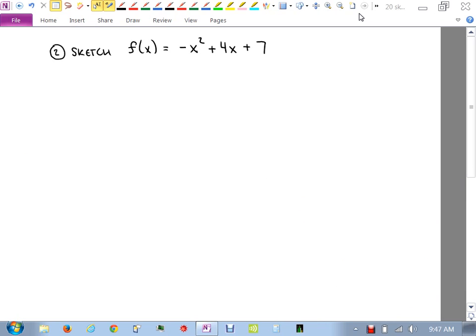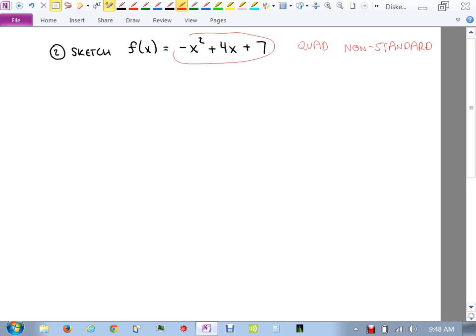Same thing, right? Quadratic function, non-standard form. So whenever you have non-standard form, I'm just going to put quad, non-standard.